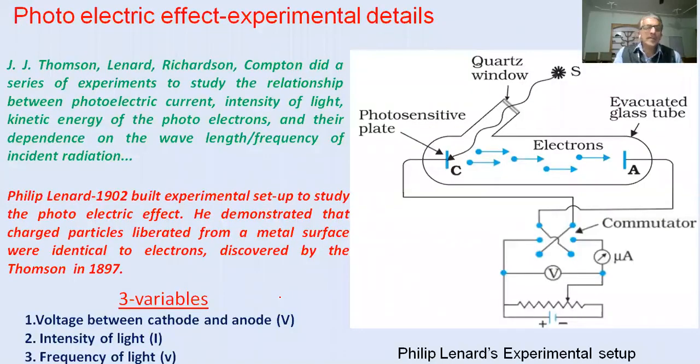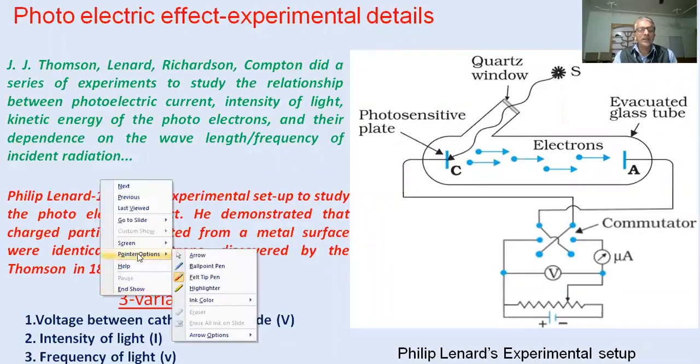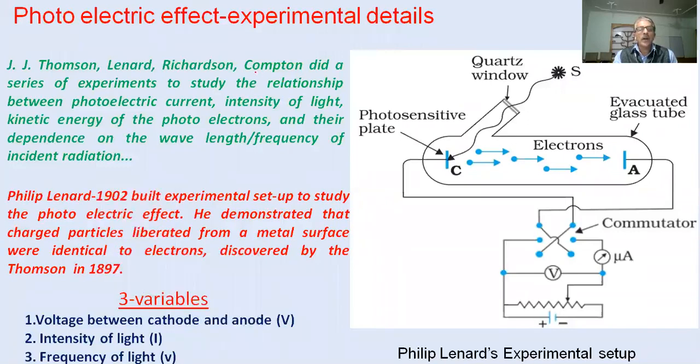Now, this photoelectric effect has been studied by many scientists, for example J.J. Thomson, Lenard, Richardson, Compton. They did a series of experiments to study the relationship between photoelectric current, intensity of light, kinetic energy of these electrons, and their dependence on the wavelength or frequency.